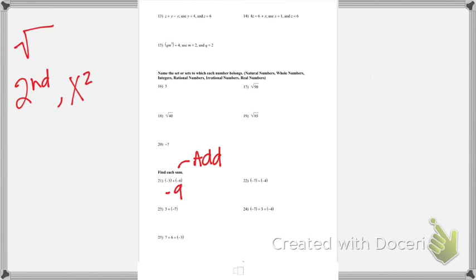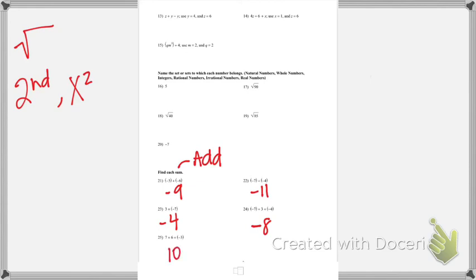We have -7 plus -4. So we have a -11. 3 plus -7 is -4. -7 plus 3 plus -4 is -8. 7 plus 6 plus -3 is 10.